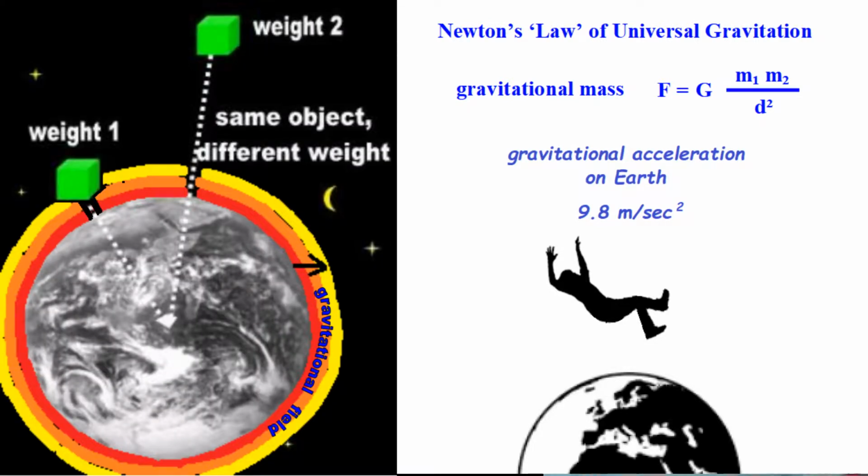Here you see two boxes. They're both cubic boxes, cubes, whatever. And they're exactly the same, but they weigh differently depending on their location near the center of the Earth. The one on the left here is going to weigh more than the one on the right. If you had a scale, you could weigh it at that point in time.